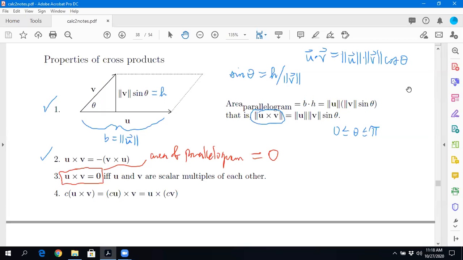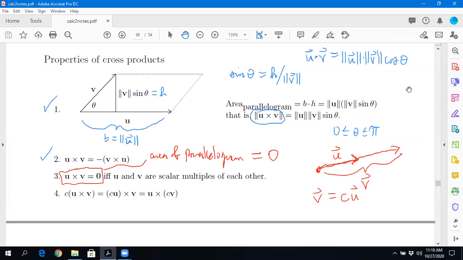Does that make sense? So that would mean, if this was U, then V would have to be basically right on top of it. Okay, so this would be V, which means that V is basically some scalar multiple of U. Does that make sense? Yeah?